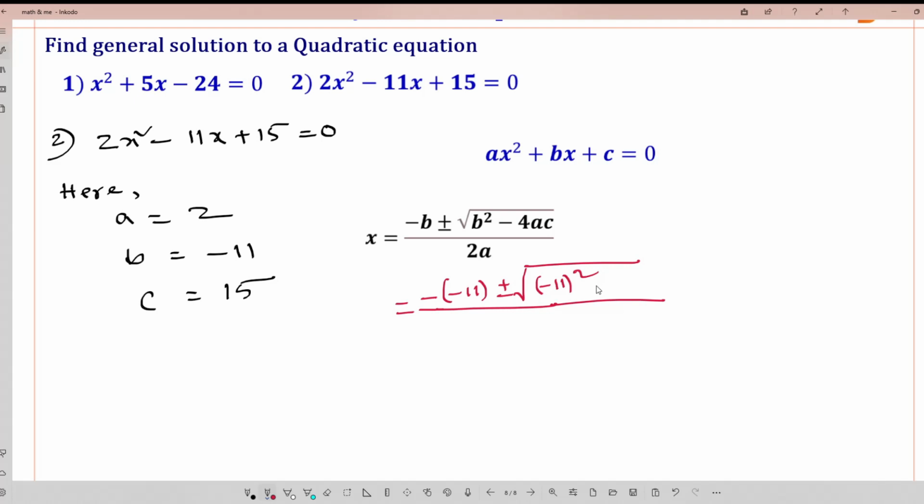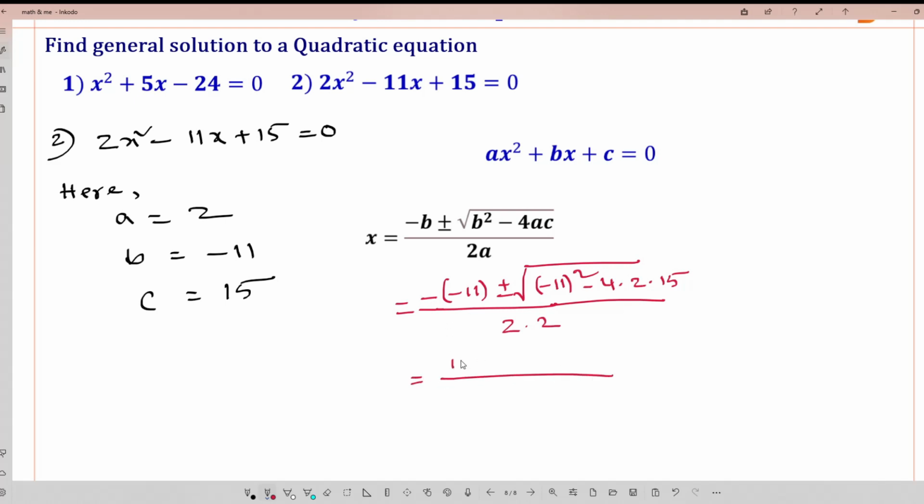Minus 4ac, where a means 2 and c means 15, divided by 2a, 2 times 2.